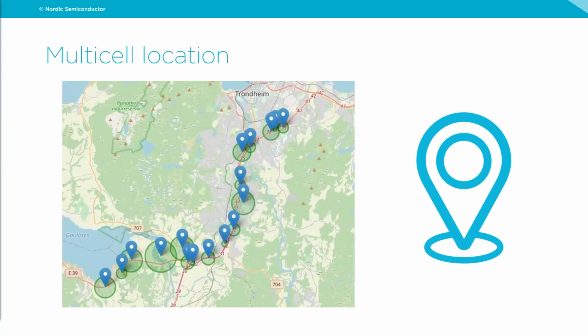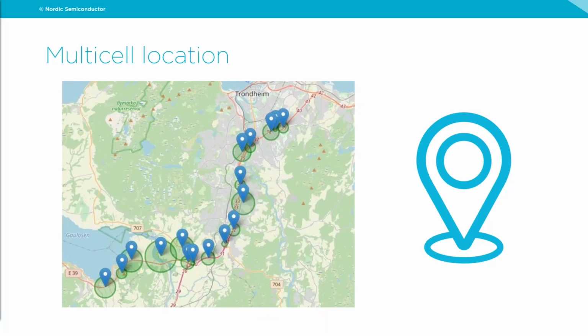So here we have an example showing you what to expect. This is a 17-minute drive in Trondheim to Buvika. It's reporting the neighbor cell information every minute. And you can see that this is a very low power location method that's very suitable for devices that are traveling over some distance.